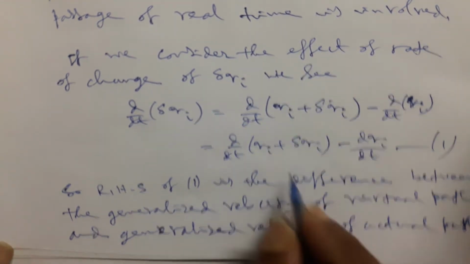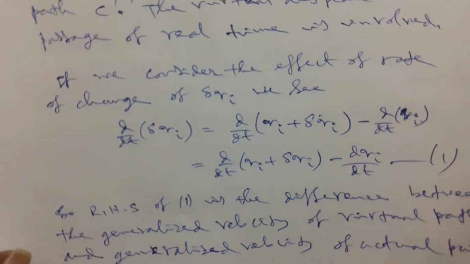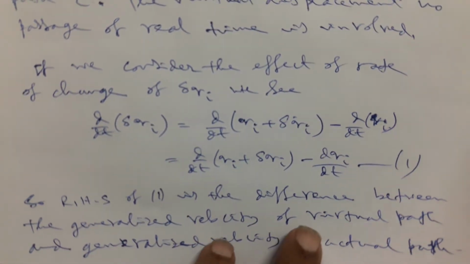We find it here, virtual path and actual path, generalized velocity. And now, in other words, the change of velocity in one step corresponding to the neighboring curve.